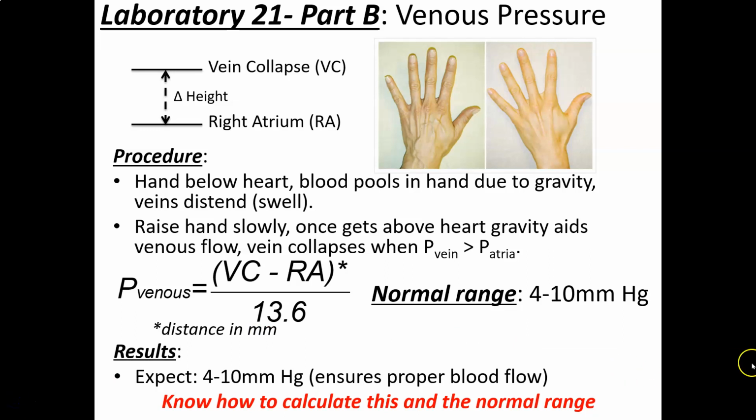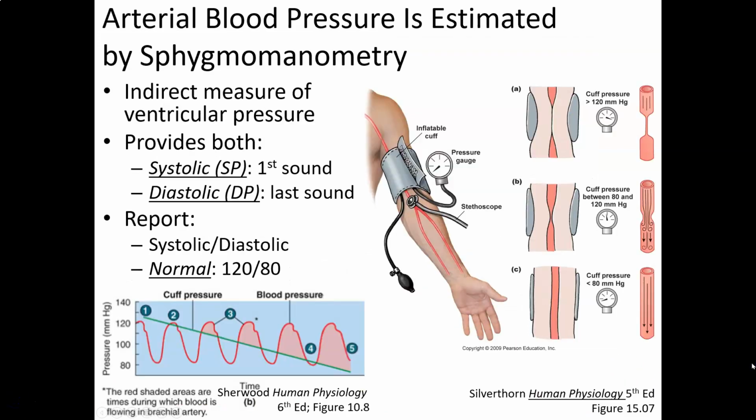So now let's look at a different pressure, arterial blood pressure. Arterial blood pressure should be significantly higher than the venous pressure we just measured. When people say blood pressure, they invariably mean arterial, unless they're discussing something else. The arterial blood pressure is estimated by sphygmomanometry.